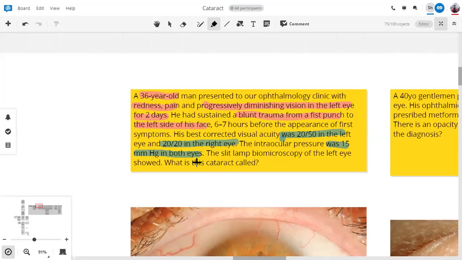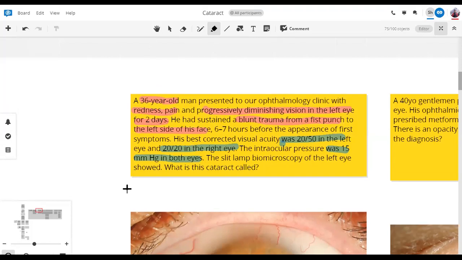Yes, you should consider traumatic cataract. Other than that, we have not seen the slit lamp examination up till now, and we have not read this last line. Based on the rest of this history and examination, what do you think can be wrong? Corneal damage, yes. Traumatic corneal abrasion, traumatic corneal damage.